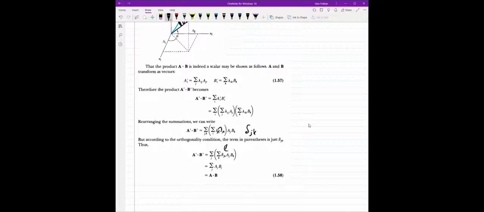But now this is kind of where knowing your Kronecker delta symbols matters a lot, and how these work is we have a sum over J and a sum over K, right? Notice both of those are inside the Kronecker delta symbol.